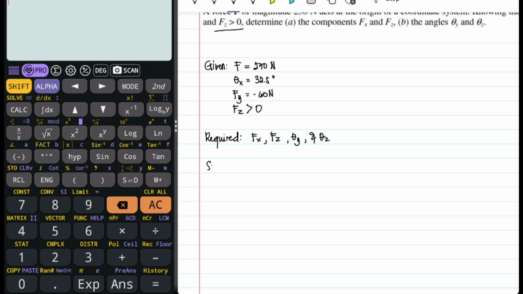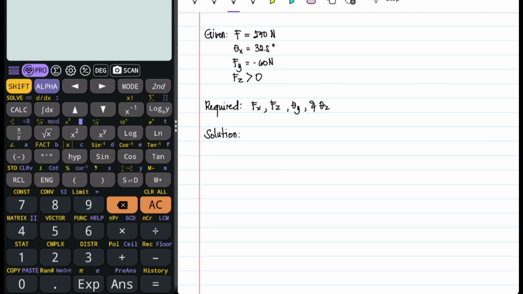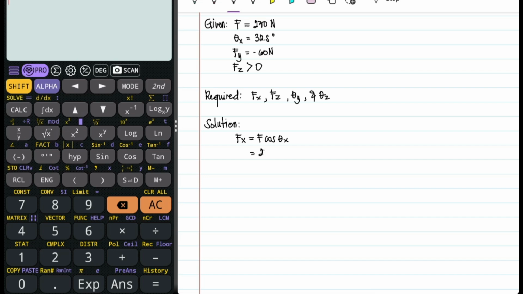Now for the solution, we can immediately solve for our f sub x, right? Because we are already given the alpha, or our theta sub x. So from there, f sub x is equal to F cosine theta sub x, which gives us 230 multiplied by the cosine of the angle 32.5 degrees.